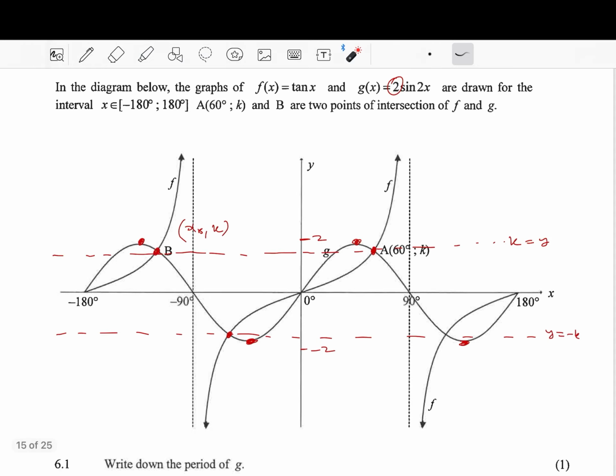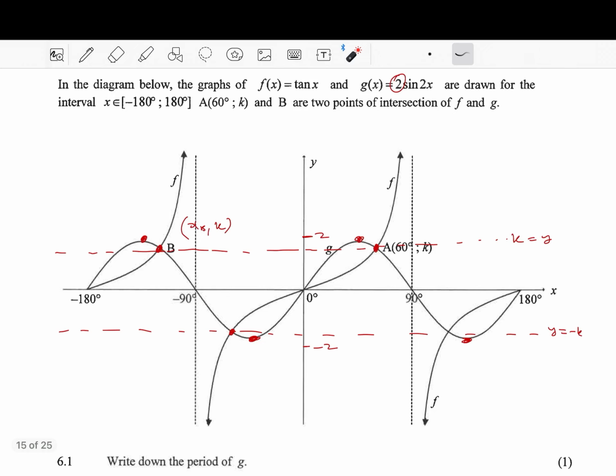From here, what else do you need to understand? I need to also highlight something here, xb, and this point here as well. We don't know this point, but it's worth highlighting. This is on the first quadrant, and this is on the fourth quadrant, going in the negative direction.